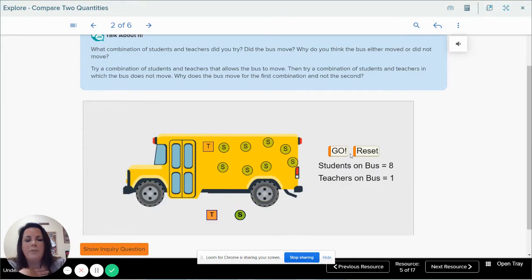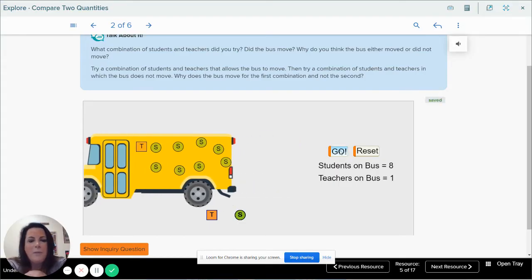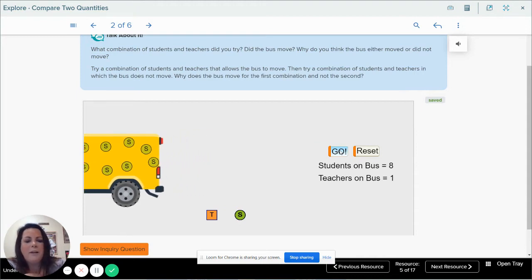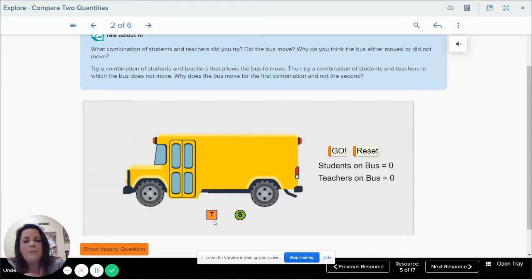If we press go and the bus moves, then our ratio is correct. So there we go, our bus moves. If I only put one teacher and 3 students, our bus would not go because that's not an equivalent ratio.